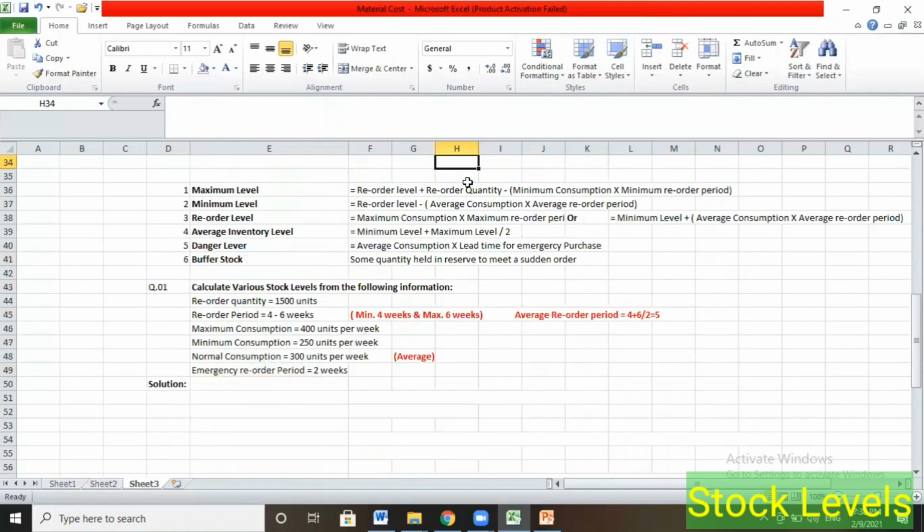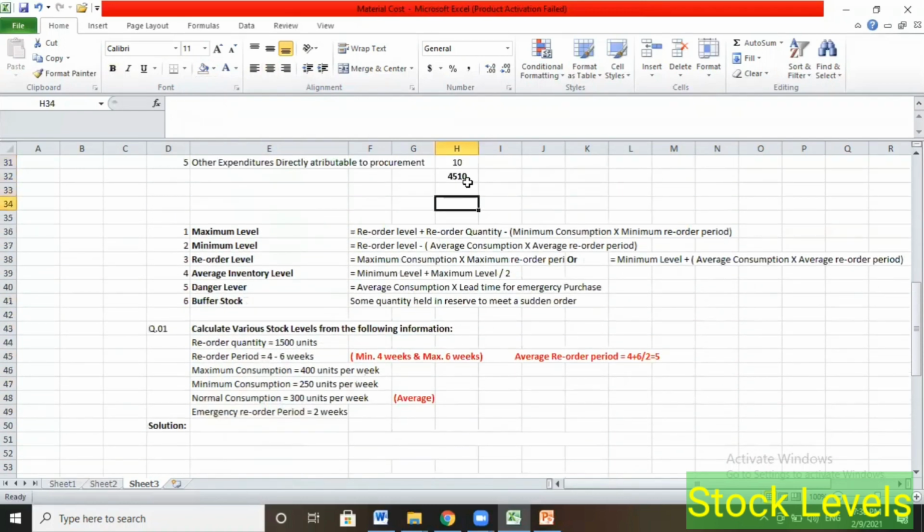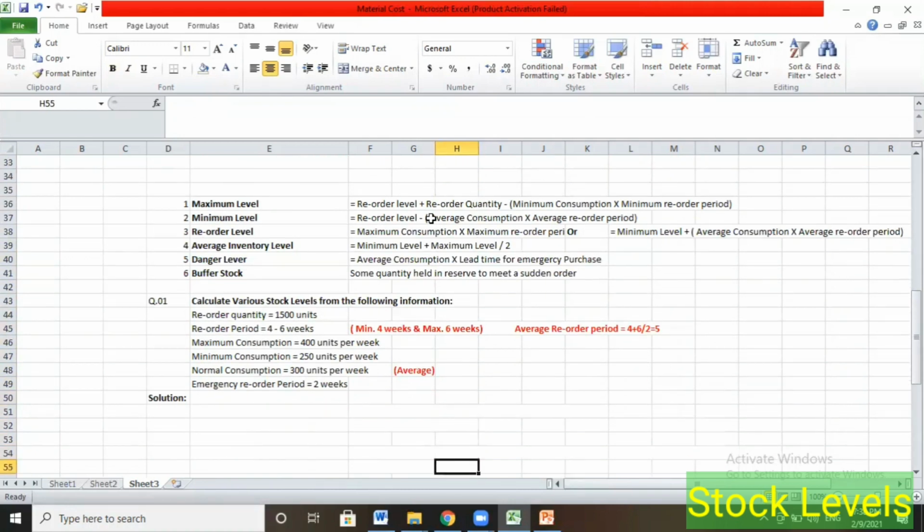So this is your maximum level formula: reorder level plus reorder quantity minus minimum consumption into minimum reorder period.